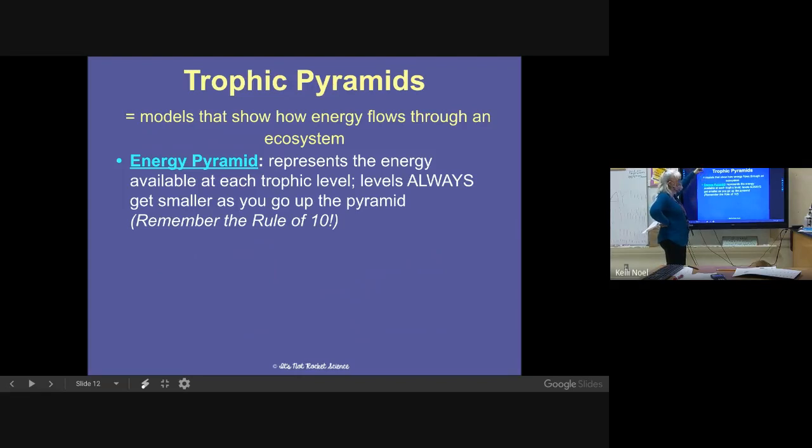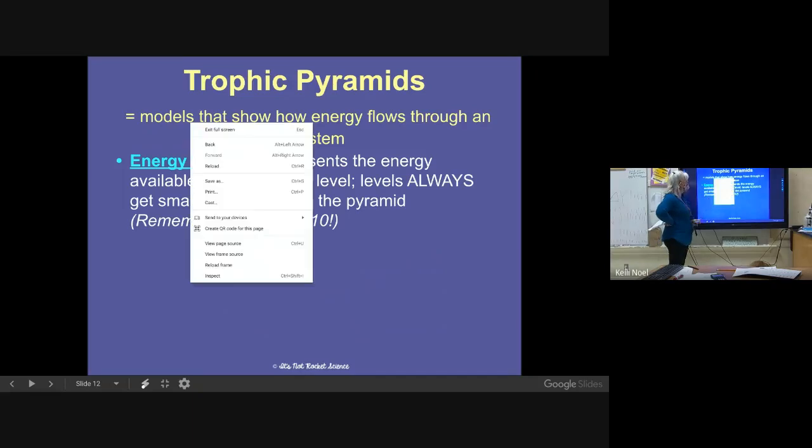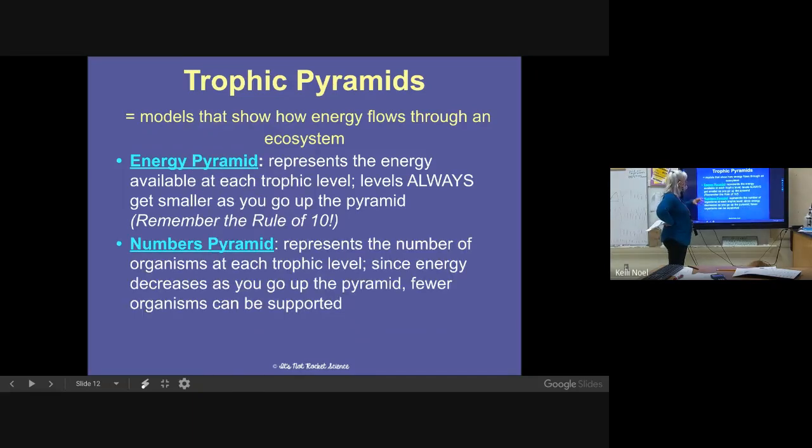When you're at the very top, you get the smallest amount. The numbers that we use are going to represent the number of organisms at each trophic level. Since energy decreases as you go up, there are fewer organisms that can be supported at that level.